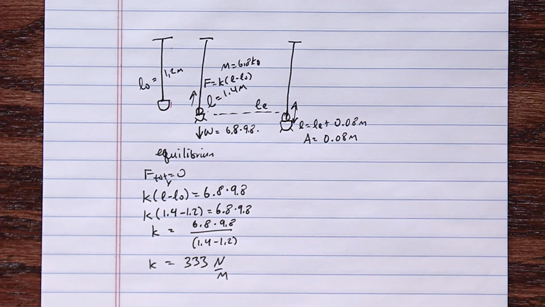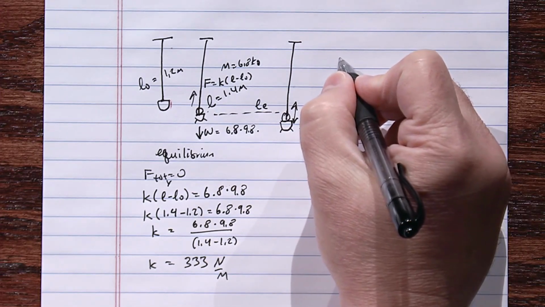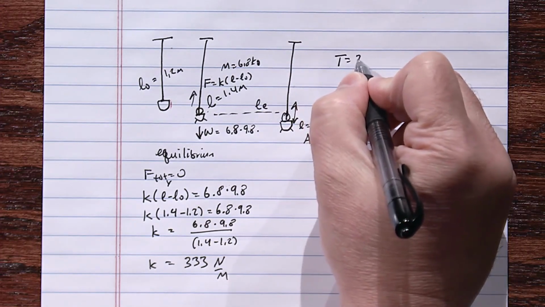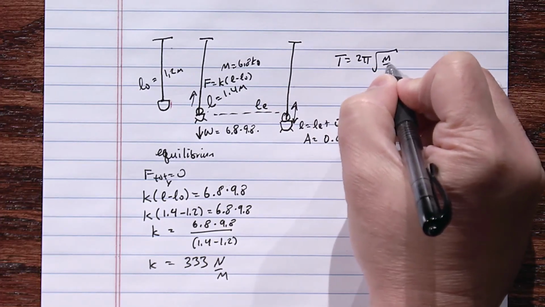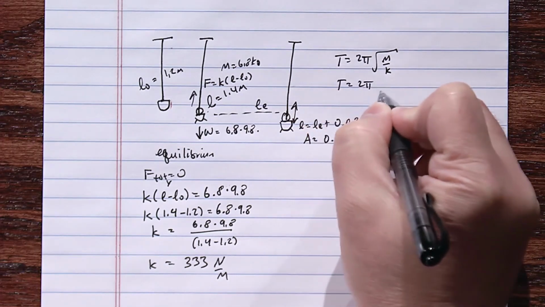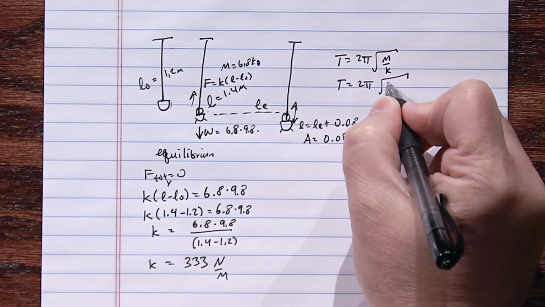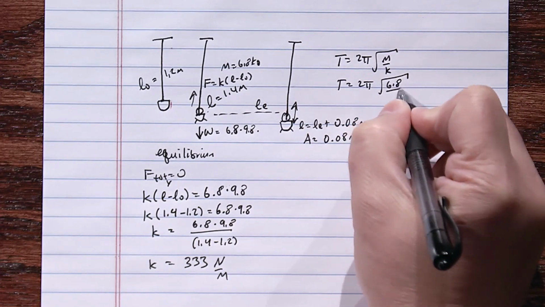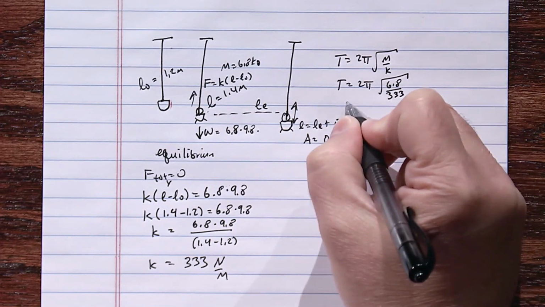What is the period of the motion? What is the period of the oscillation? Well, period is equal to 2 pi times the square root of mass over K. So the period would be 2 pi times the square root of the baby's mass, which is 6.8, divided by K of 333.